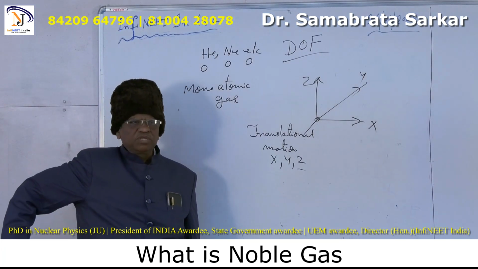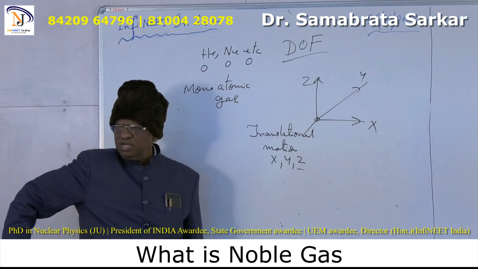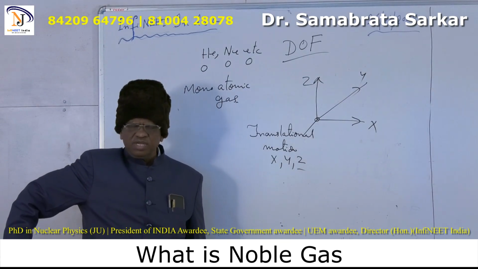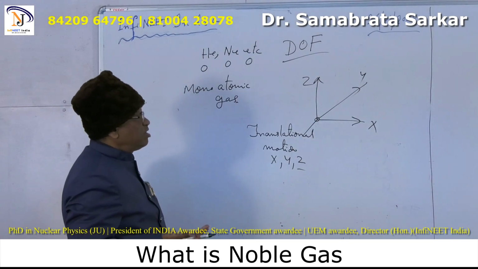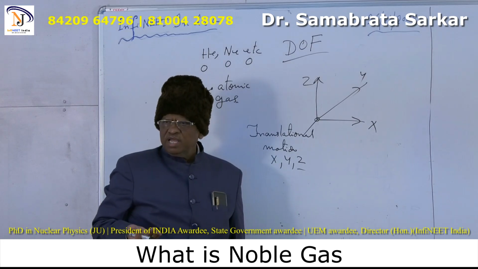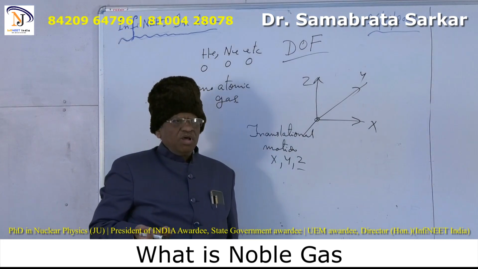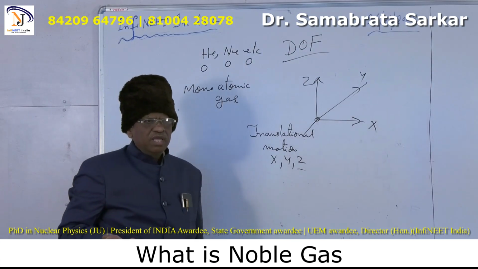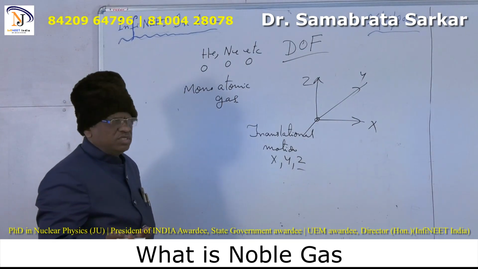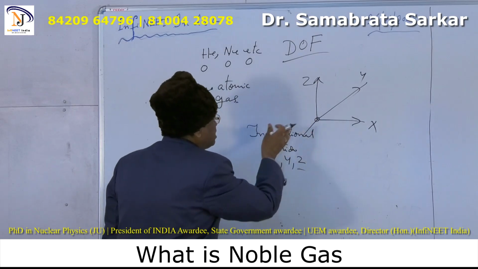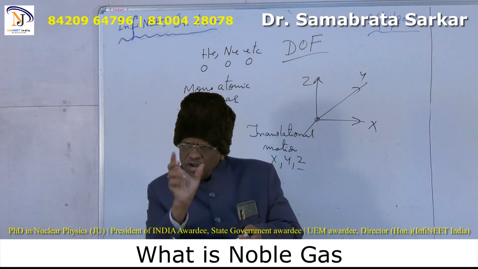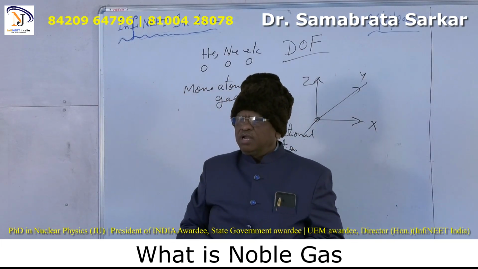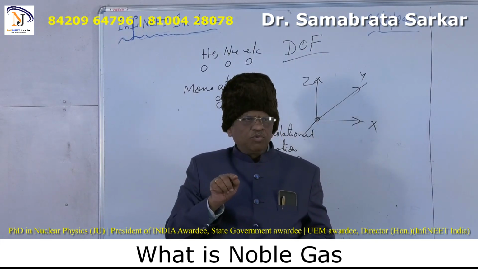Another type of motion is rotational motion. Rotational degrees of freedom should be there, but you are not getting rotational degrees of freedom at all. Why? It is moving along the directions, but it can rotate even along its own axis.